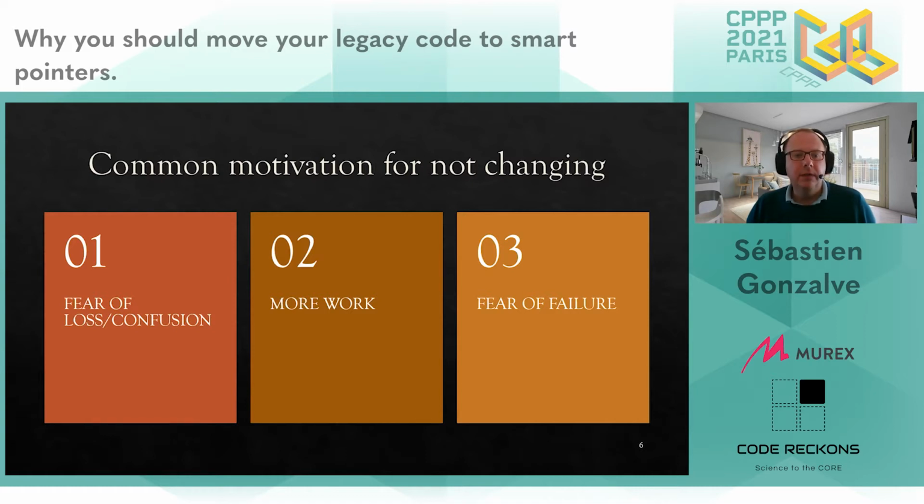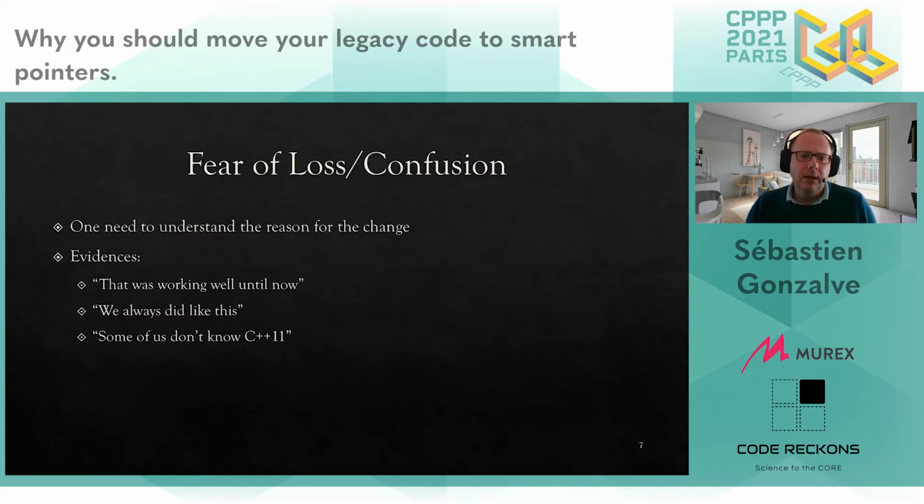The first is the fear of losing something or getting confused with the code. People usually consider the code as something they wrote and finished, and they are quite afraid that changing it will break something that works.